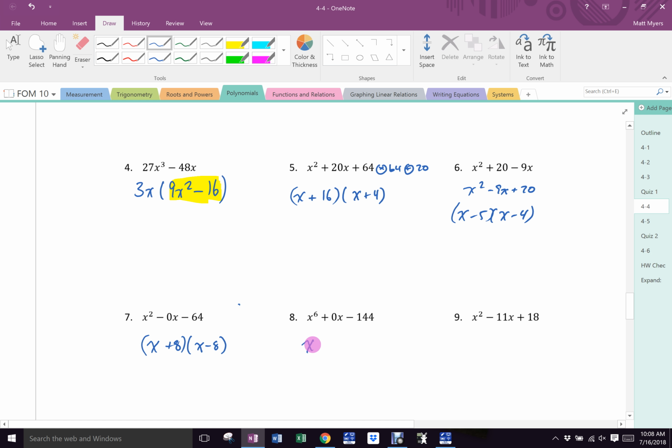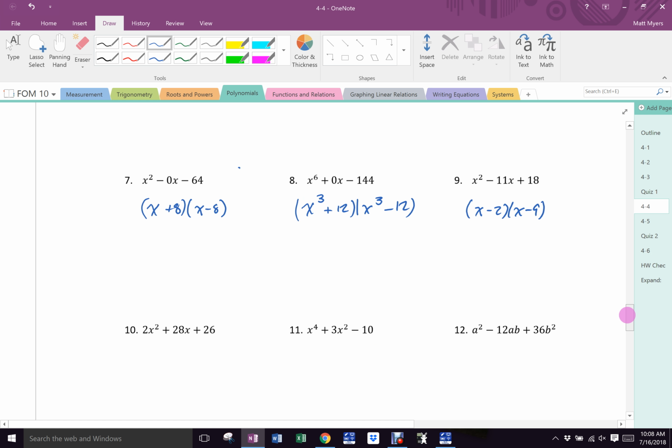Ooh. Tricky. Tricky McTrickleton. X cubed plus 12, x cubed minus 12. X minus 2, x minus 9.